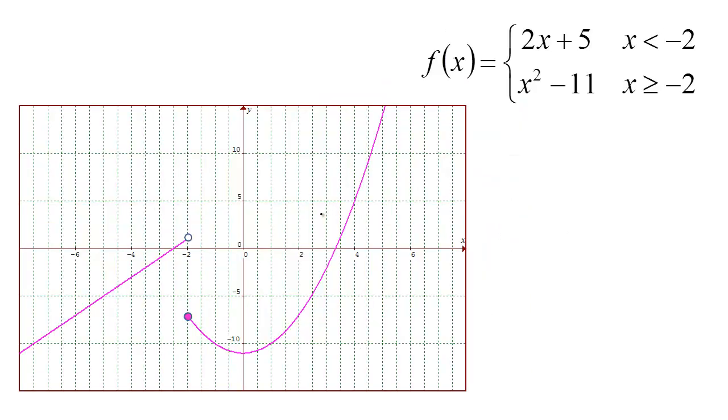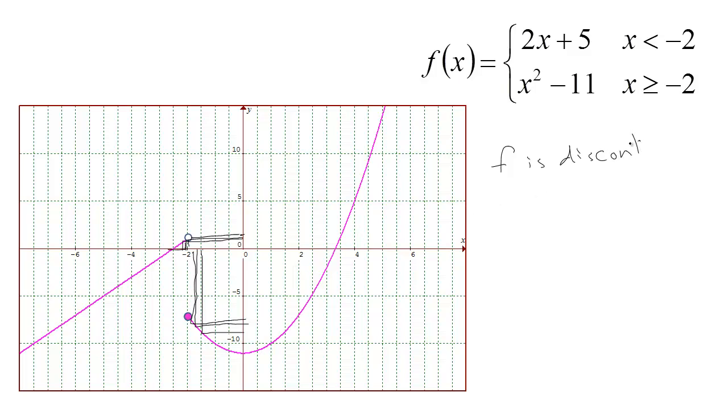Here's another example. You can see the problem here is again that at -2 the limit doesn't exist, because as you approach -2 from the left, you're getting out values that are closer and closer to 1. So the closer I get to -2, the closer the outputs will be to 1. On the other hand, if I approach -2 from the right, the outputs are approaching -7. So this problem, the limit doesn't exist.